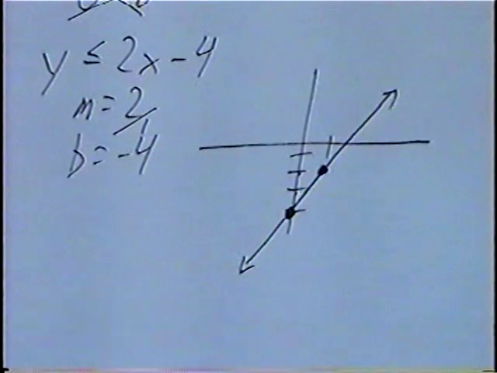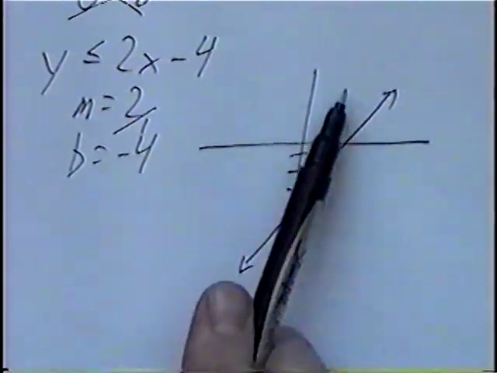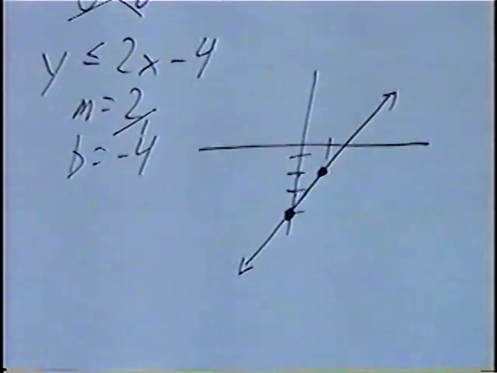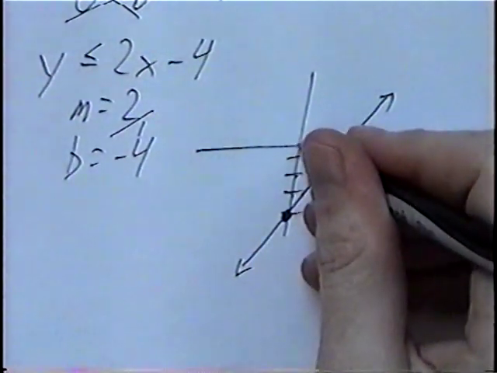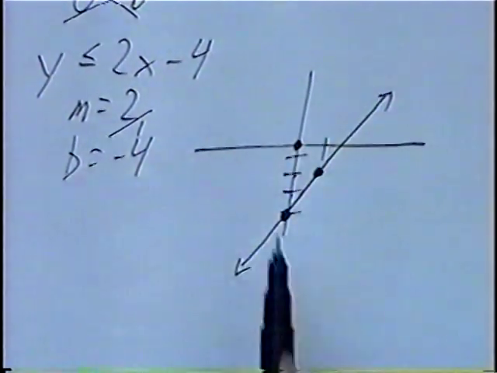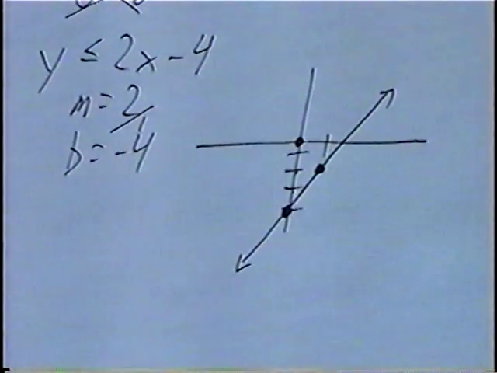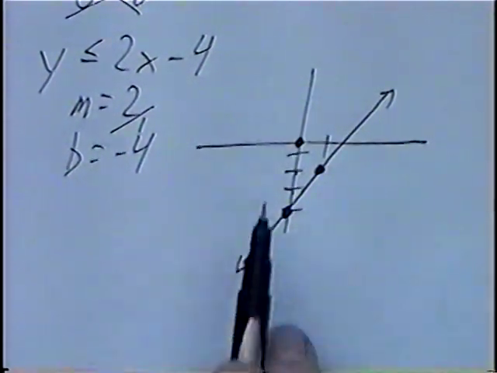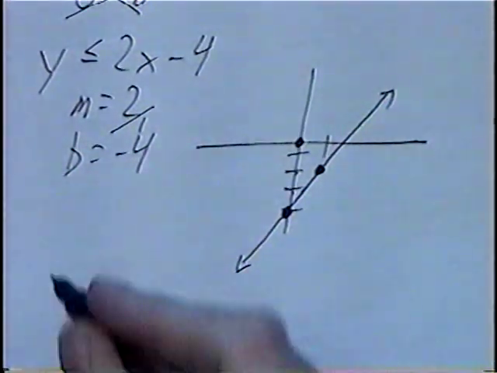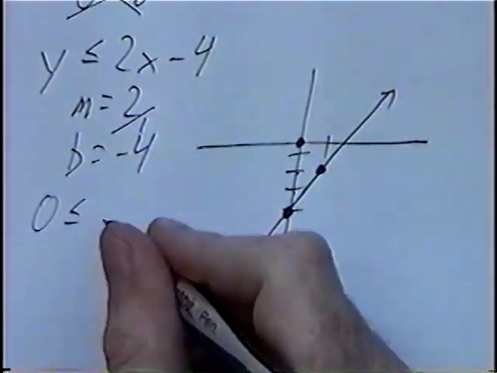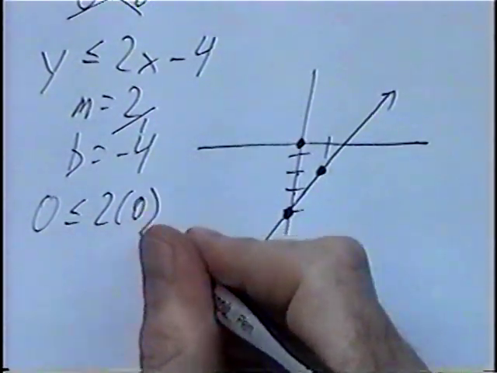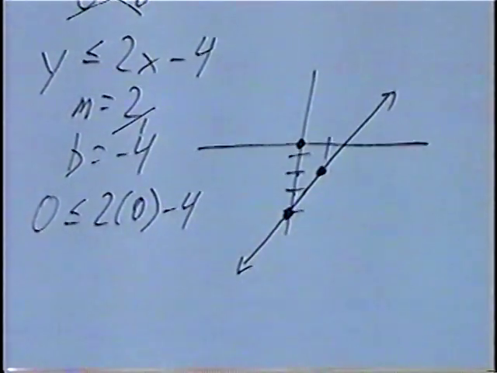And the last part, since it is an inequality graph, we will shade one side or the other side of the line. And again, one way to tell is use a test point. You can use any point on the graph, but 0, 0 is usually a good point to use. Plugging 0, 0 into the original question, we have 0 is less than or equal to 2 times 0 minus 4.